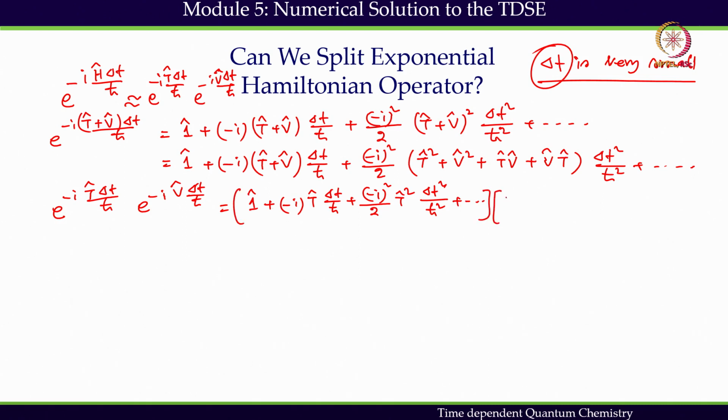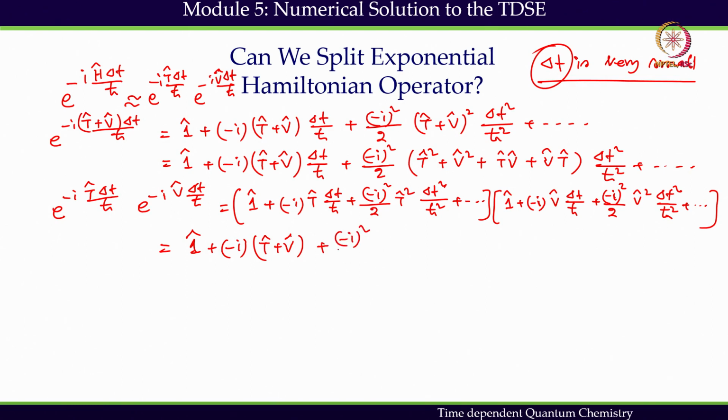This is one term, and the second term is again 1 plus minus i v delta t by h cut plus (minus i) square by 2 v square delta t square by h cut square, and other terms are there. So, if I explicitly make a product of this, then what I get is 1 plus minus i multiplied by (t plus v) plus (minus i) square divided by 2 (t square plus v square) delta t square by h cut square, then minus t v delta t square by h cut square.